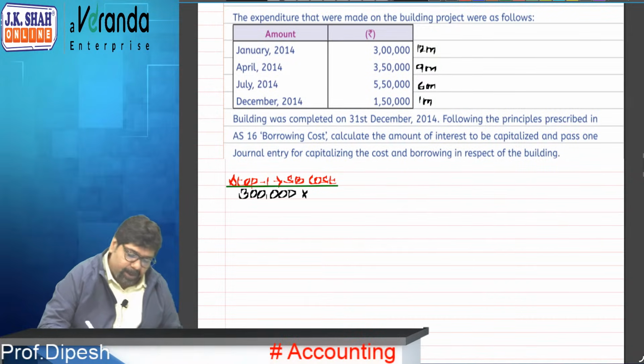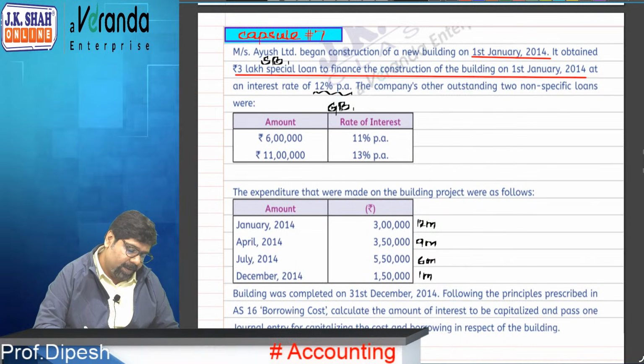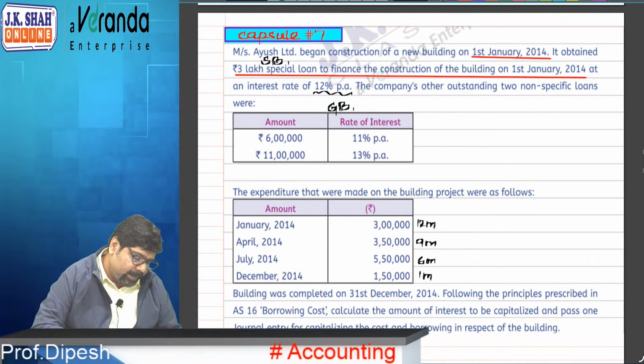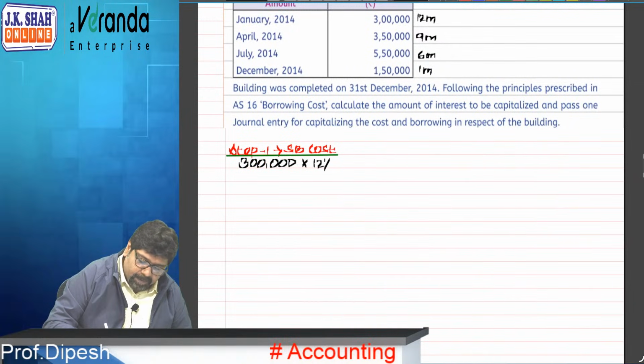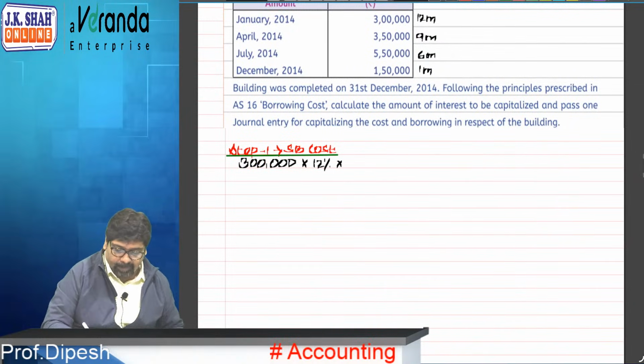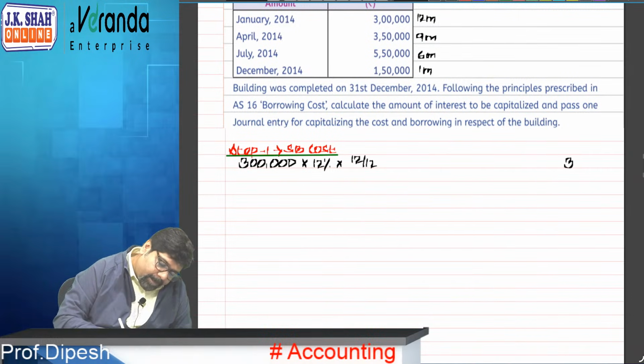Three lakhs into rate of interest 12%. Construction of the building started on 1st January, so into 12% into (12 by 12). The specific borrowing cost is 36,000.